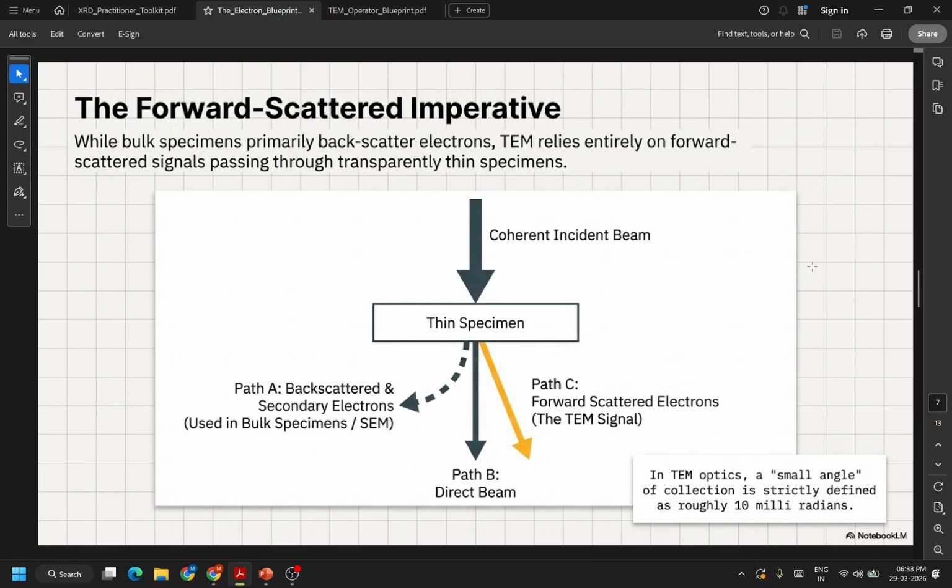So instead we take path C, which is transmitted at a slight angle, and that is used as the TEM signal. This slight angle is roughly 10 milliradians.